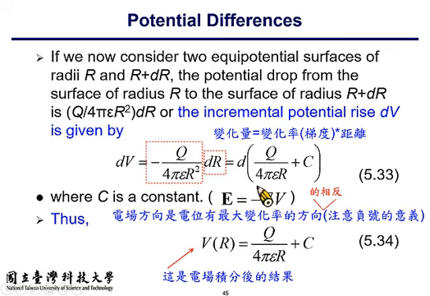By using the relationship that the electrical field intensity equals the minus gradient of the electrical scalar potential V, you can do the integration to find V. For a point source charge, it's convenient to select the constant C as 0, which is equal to placing the zero potential reference at infinity.